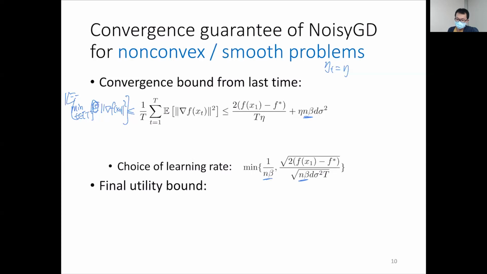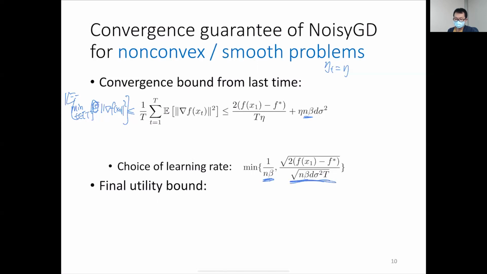And so from this convergence bound, it remains to choose this eta parameter. So recall that when we derived this convergence bound and constructed the telescoping sum, we made the assumption that the learning rate needs to be smaller than 1 over the smoothness parameter. So the choice of learning rate is really going to be the minimum of this quantity and that quantity, right?